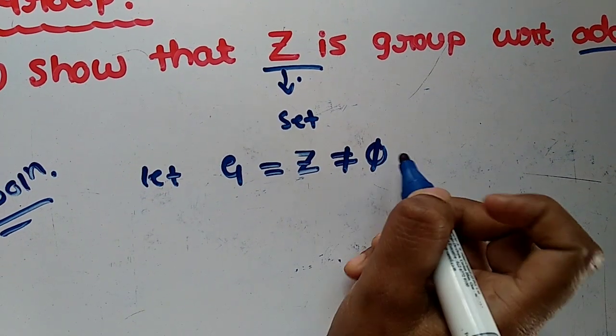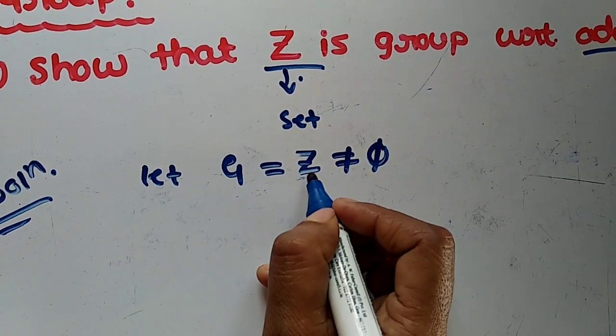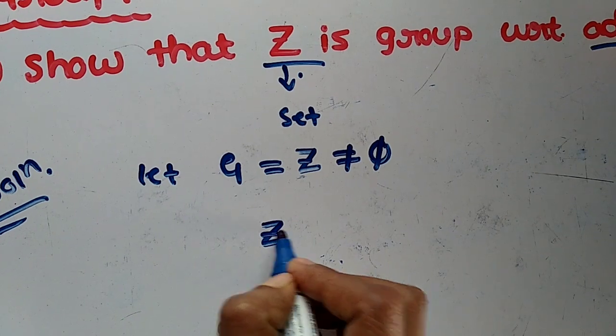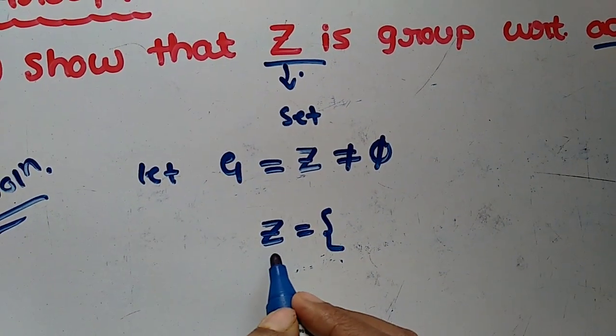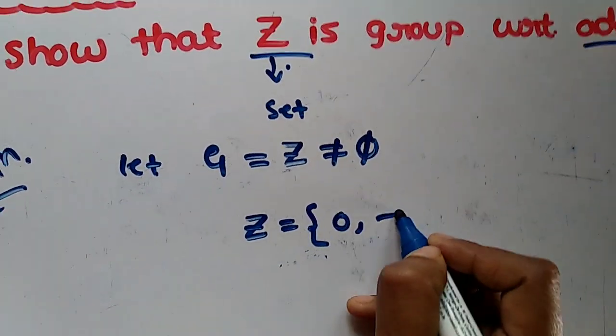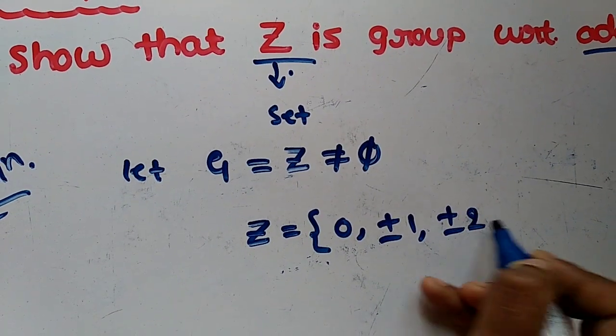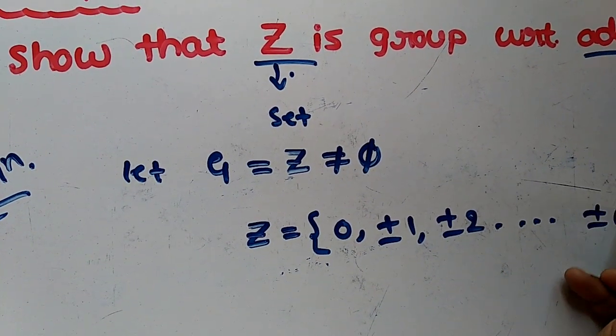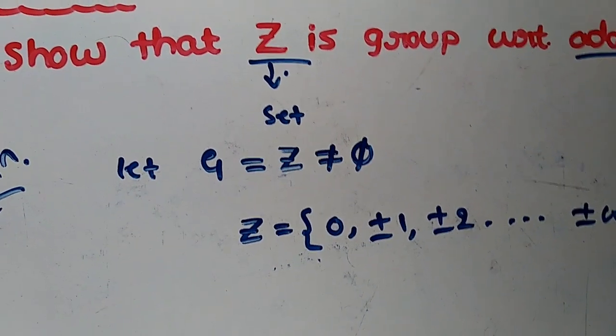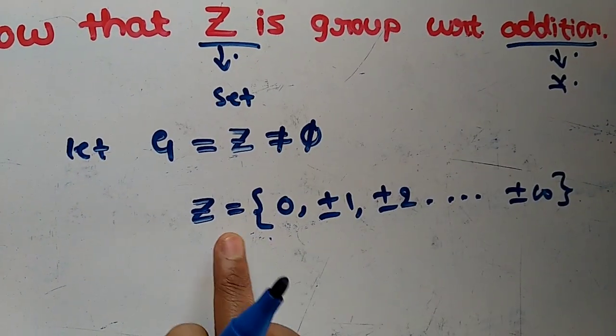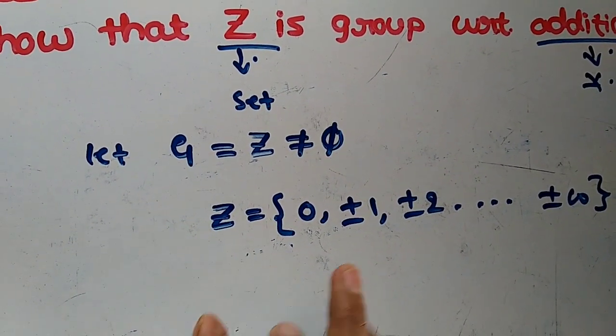Why is Z non-empty? Because Z is the integer set. It contains 0, plus or minus 1, plus or minus 2, and so on up to plus or minus infinity elements. Therefore Z is a non-empty set.